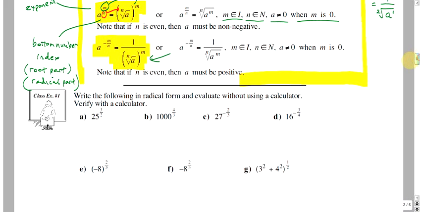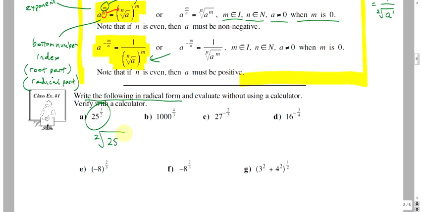Couple of examples, then you're on your own. I'm going to do the first part first. Write this in radical form. I will evaluate it in a sec. Who's a good quick memorizer? Which goes in the radical part, the 2 or the 3? Yeah. The bottom number is the radical number.